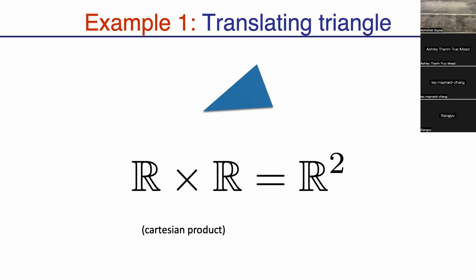Because it's a rigid body, every point of this robot can be completely determined by one X and Y position. So you can summarize a configuration of the system by an X and a Y. You have a two-dimensional Cartesian space, R by R, and that's going to be the configuration space. Super easy.